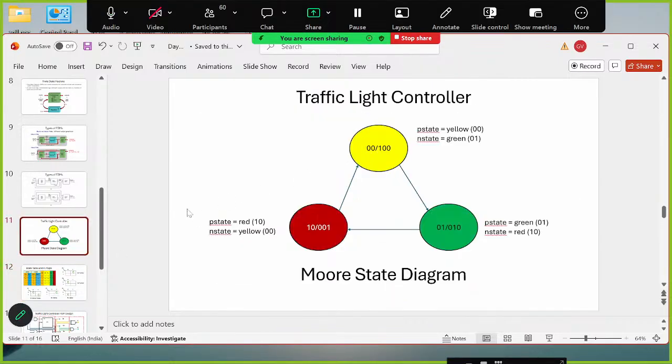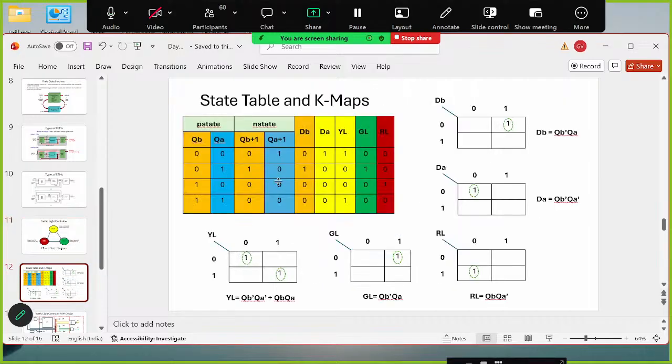That way there should not be any chance of fault in my machine, because if it goes into 1, 1 and I have not specified a state where it should go, then it will keep on popping into one state or another.